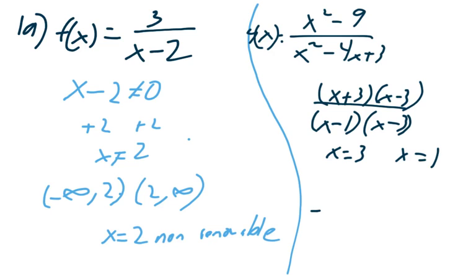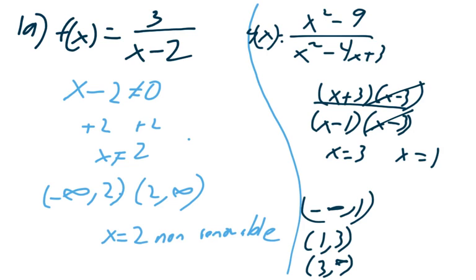Now, that means we are continuous from negative infinity to 1, from 1 to 3, and from 3 to infinity. Because the x minus 3's cancel, the x equals 3 is removable, and the x equals 1 is non-removable.